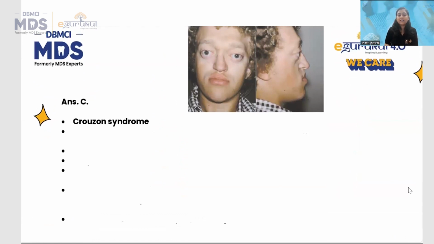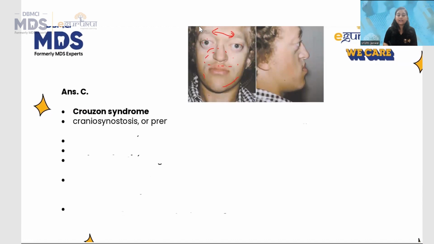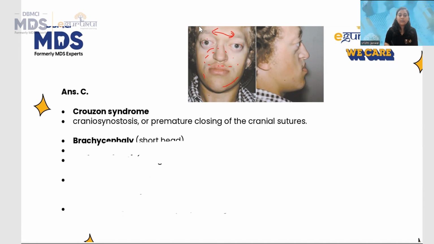Now, what we can see here? Hypoplastic maxilla, that is mid-face hypoplasia, along with mandibular prognathism, proptosis of eye, hypertelorism, and short head. So, craniosynostosis. What is craniosynostosis? That is premature closure of the cranial sutures. Brachycephaly.